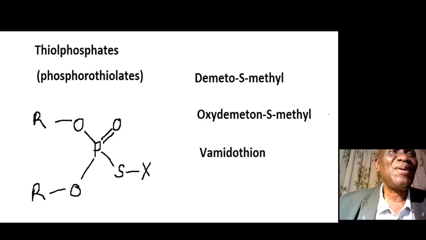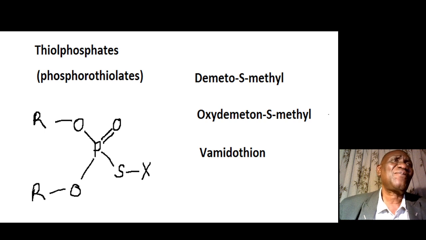Now you can see where we have sulfur, but we have got a double bond on oxygen. That is the difference, slight difference. Dimethyl S-methyl, oxydemeton S-methyl, famidothione. These are the examples.